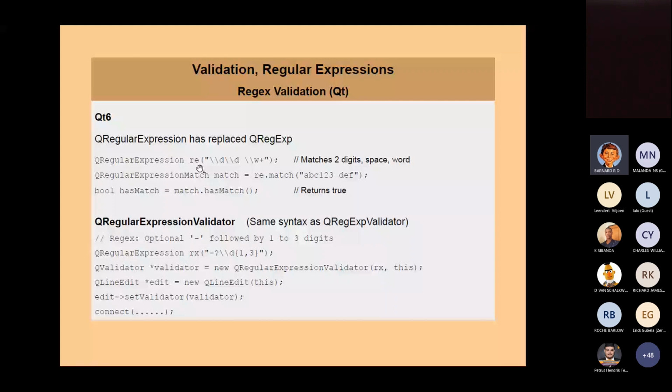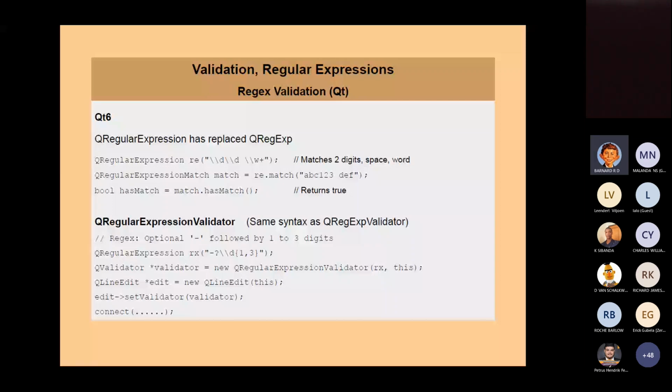And the way you check it is you use this class called regular expression match, and you call its match method on your regular expression. And you put the string that you want to test within there. So by calling regular expression match, you are now matching your input string with the regular expression that you defined in your regular expression object.